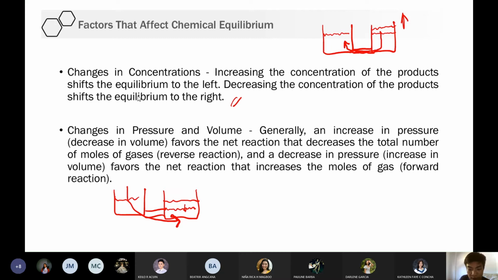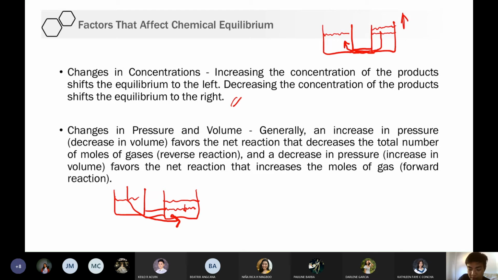So in chemical terms, your reactants will be converted to products in order to achieve balance. Use the water bucket analogy to determine whether the reaction will shift to the left or to the right when changing the concentration of your products or your reactants.